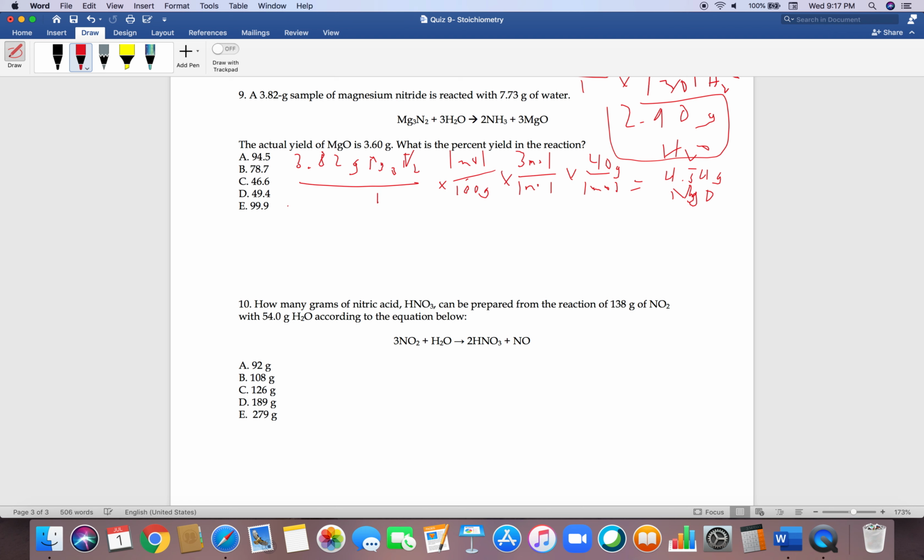Now I'm going to take my 7.73 grams of water and do the same thing. 7.73 grams of water, 1 mole, 18 grams. 3 moles of water, 3 moles of magnesium oxide.